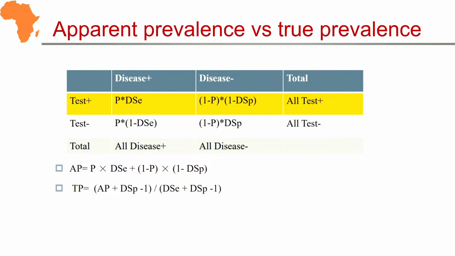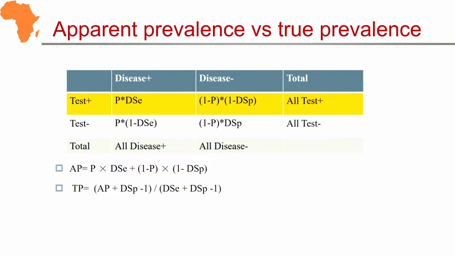So the disease positive given tested positive is probability prevalence times sensitivity. So disease positive given you're testing negative, or rather with the test negative, is probability prevalence times 1 minus sensitivity. 1 minus sensitivity represents what? 1 minus probability of being disease positive, which is this.